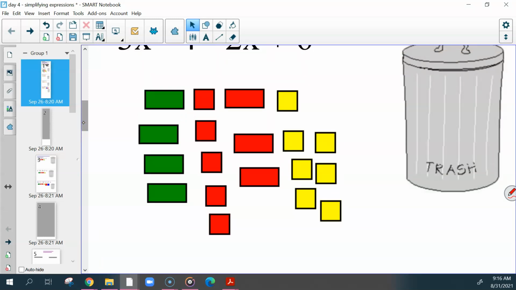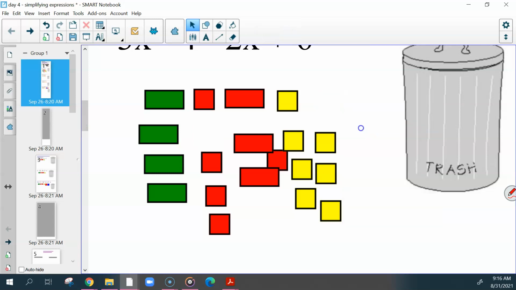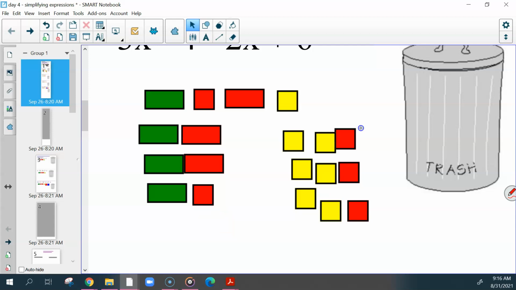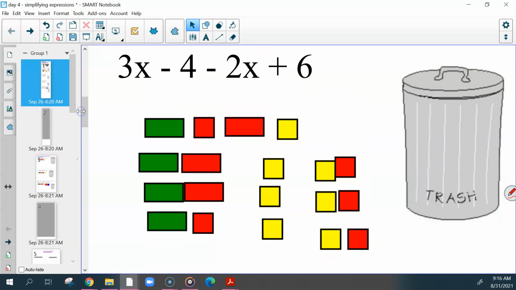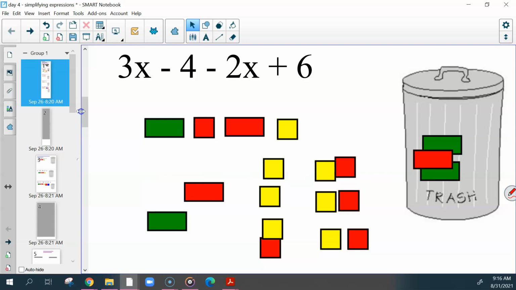Same as last time. Now we need to see if we have any zero pairs. So what I'm going to do is rearrange these so that each one is next to its own pair. If I rearrange those, 2 sets of my x's disappear because they're zero pairs. 4 sets of my 1's disappear.